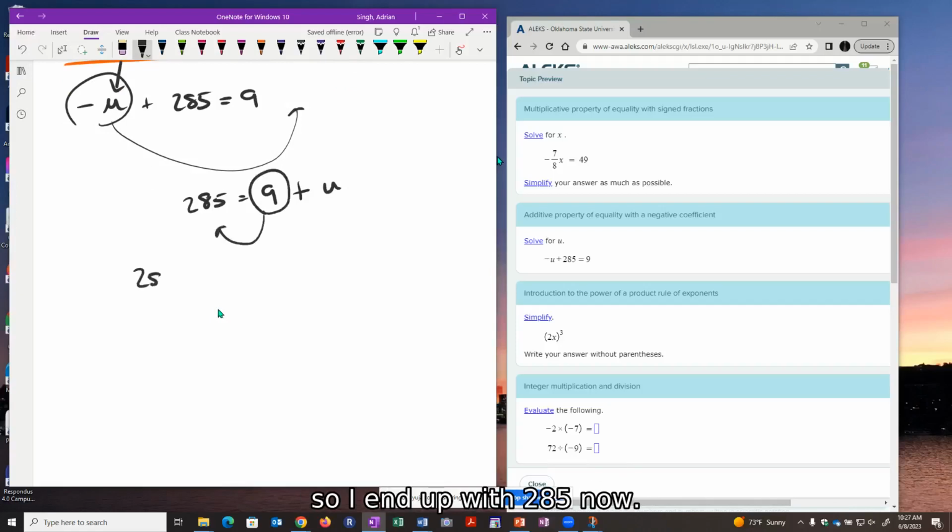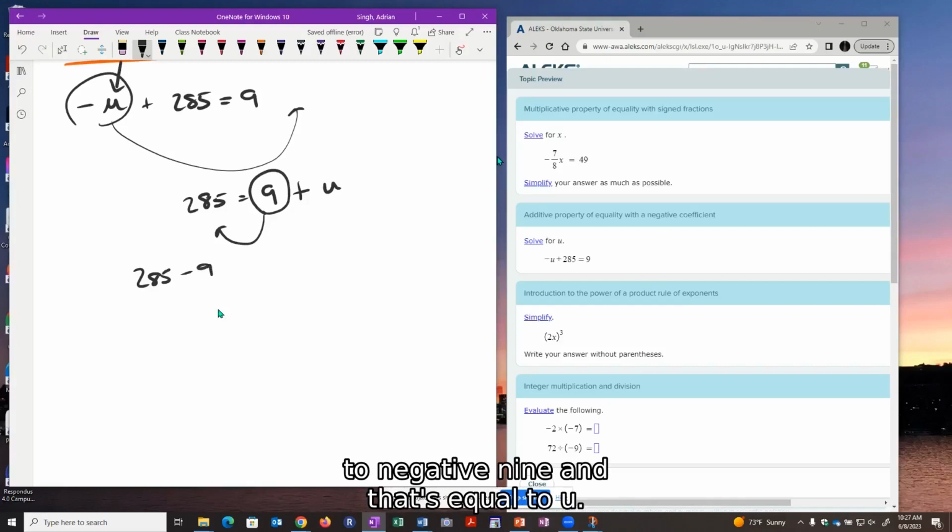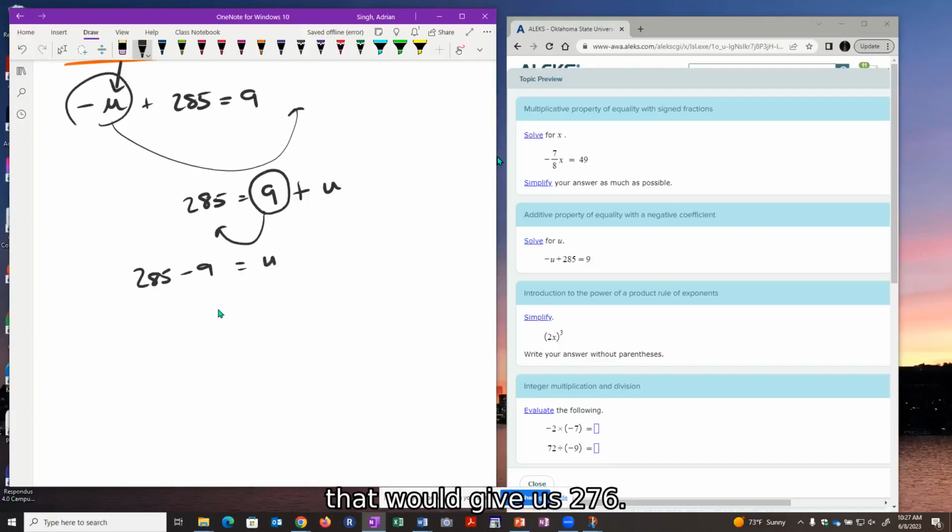So I end up with 285 now, and whenever you have a number here, the plus sign in front is understood. When we move it across, we need to change the sign to negative 9, and that's equal to u. So 285 minus 9 would give us 276, and that's equal to u.